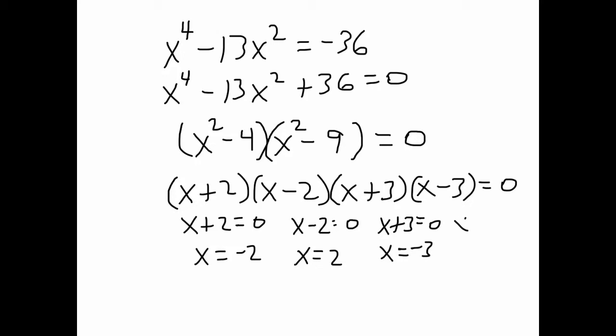And x minus 3 equals 0 results in a root x equals 3. So this polynomial equation has 4 roots: negative 2, positive 2, negative 3, and positive 3.